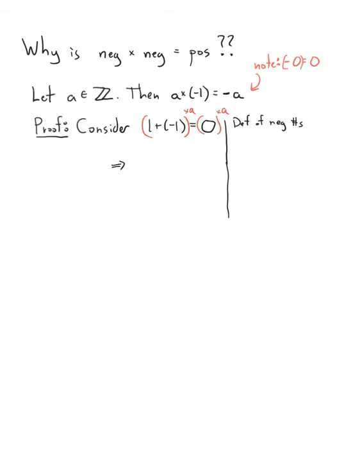Well, I get a times 1 plus a times -1. So what I'm doing there, I'm using the distributive property to multiply the left-hand side by a. So that's because of the distributive property.